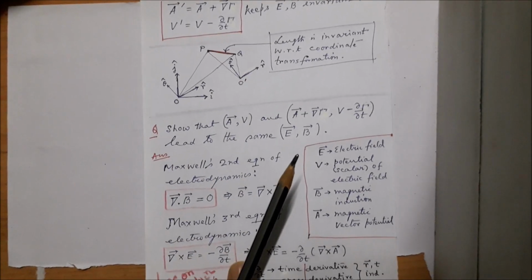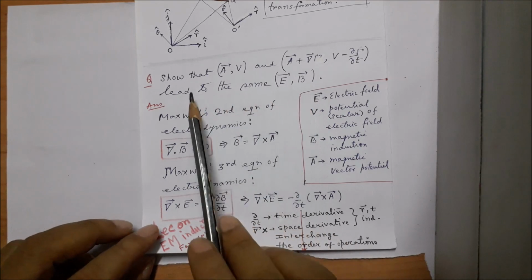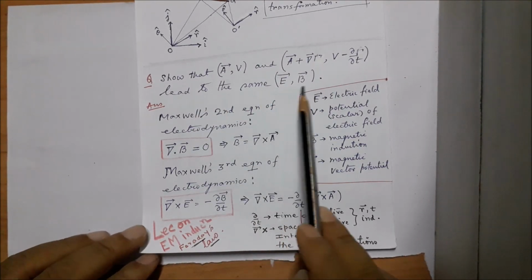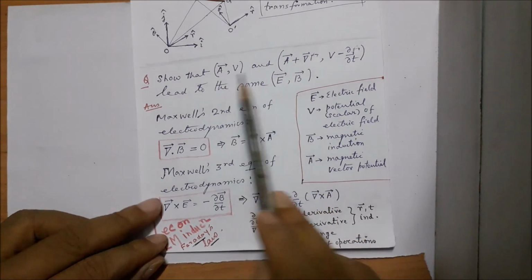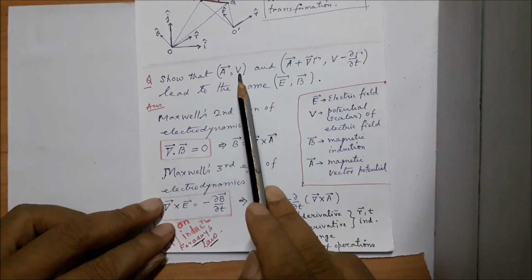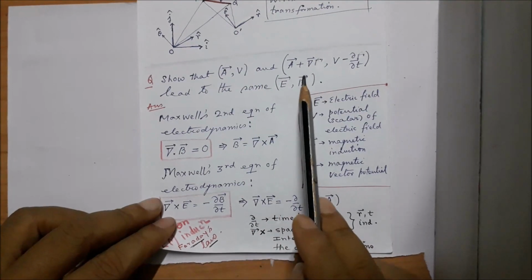Now let us go to what we were referring to. Let us begin with a problem, which says that we have to find the fields, that is, the electric field and magnetic field, starting from two sets of potentials. One set is vector A and V, and the other set is related to the former through these equations.